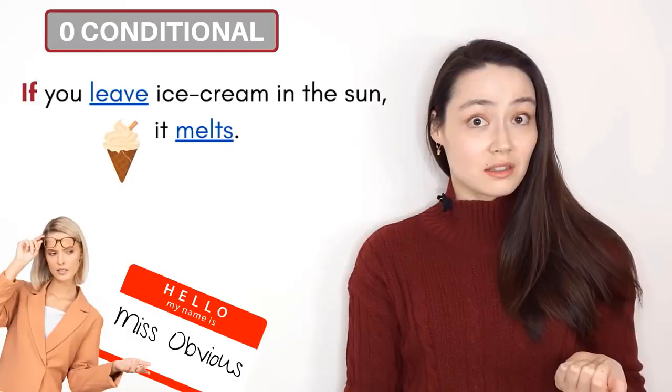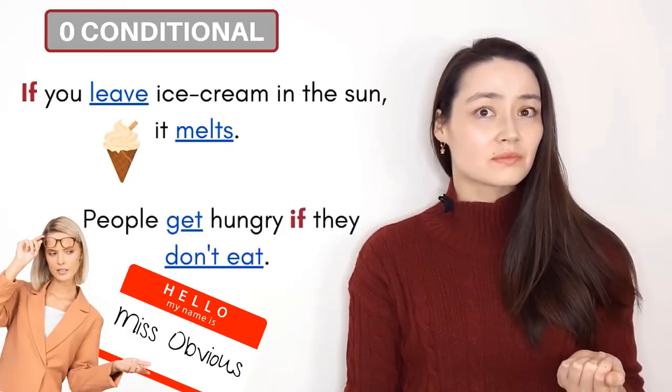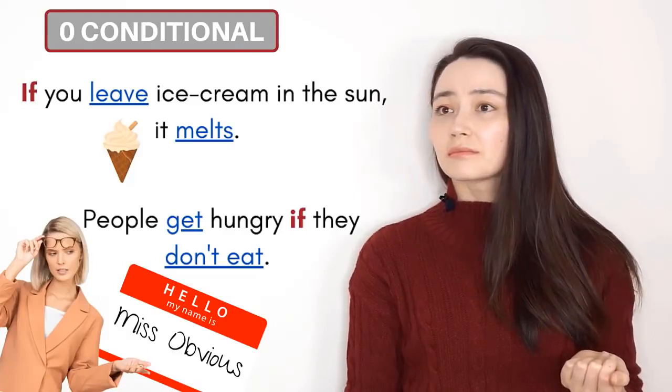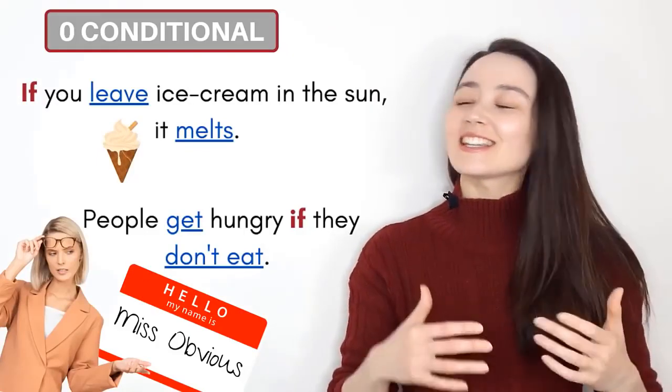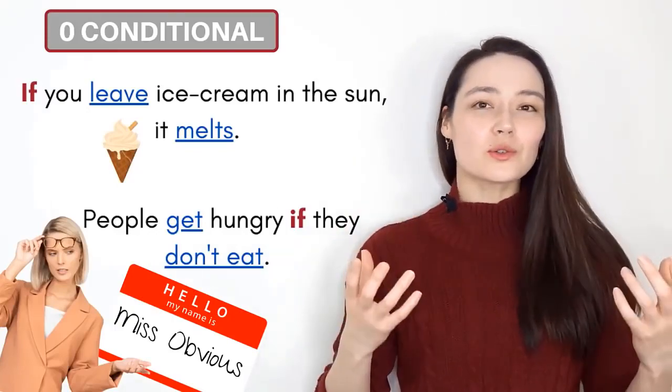Yes, yes it does. People get hungry if they don't eat. So you can see the 0 conditional is very good at expressing things that are always true, things that never really change.